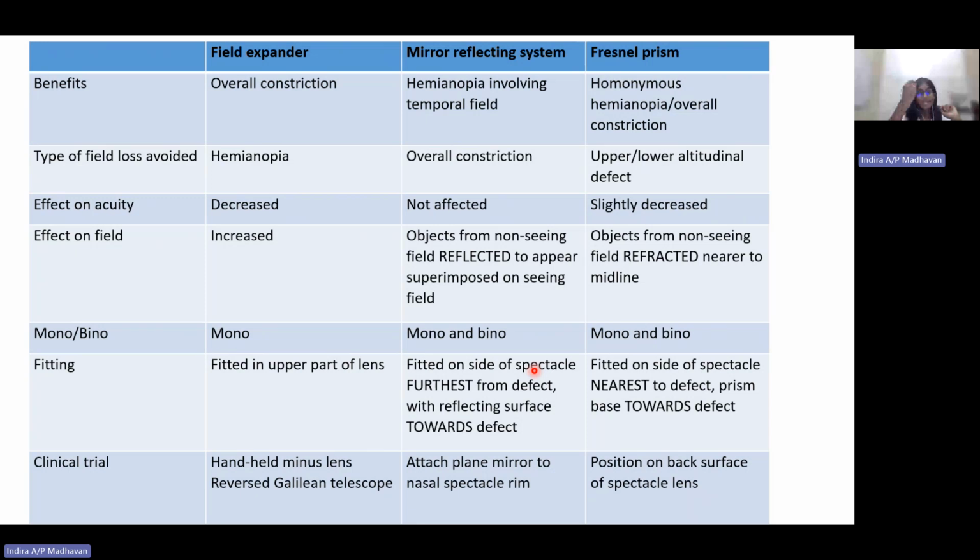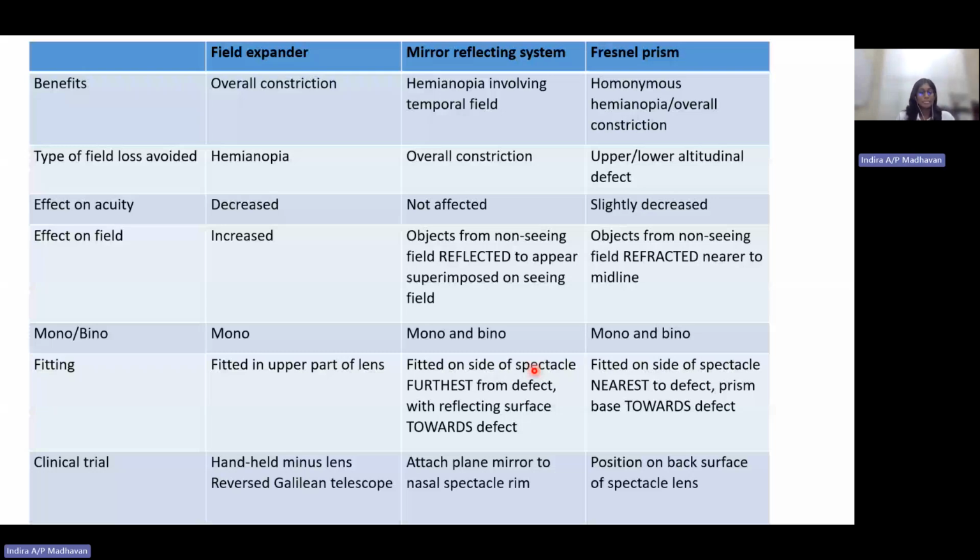So whenever they want to scan the place, they can just slide down their spectacles, look through the superior portion where the field expander is embedded, and once the scanning is done, they can put back the glasses and go into the room or wherever they intend to go.